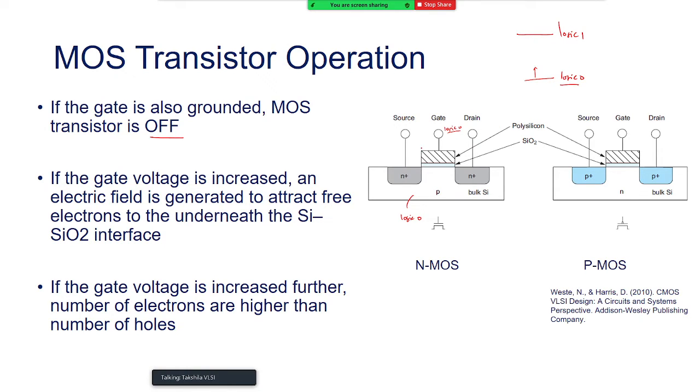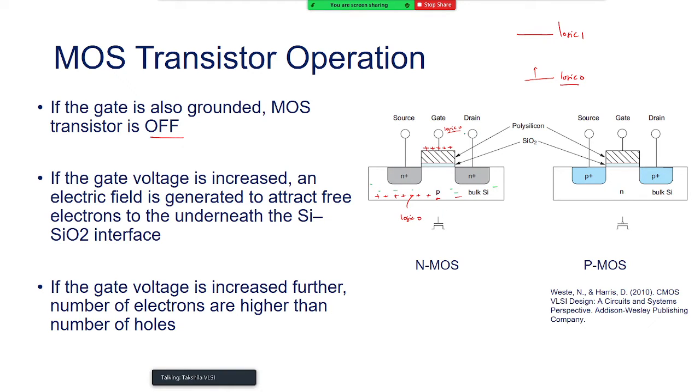So when I increase the voltage, above 0 I have a positive voltage, so I am depositing positive charges here. I know that this is the P semiconductor, so it has a lot of positive charge carriers and only few negative charge carriers, right?